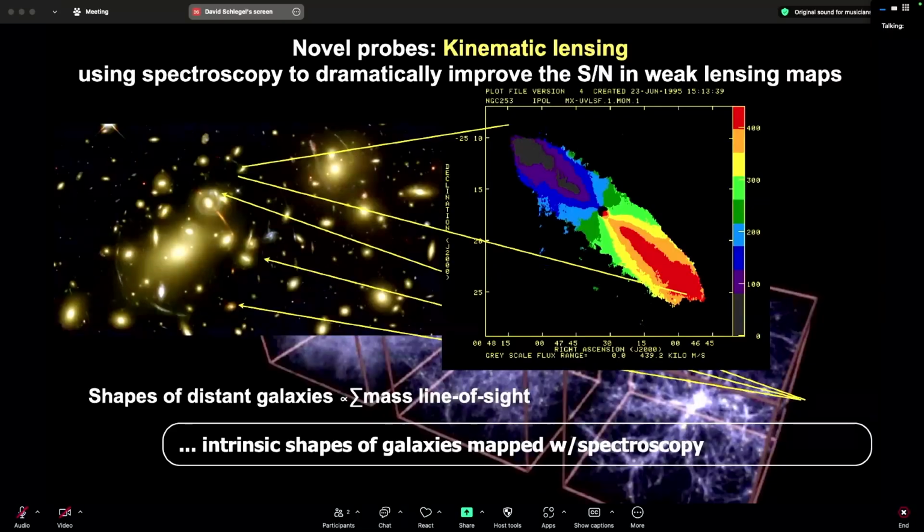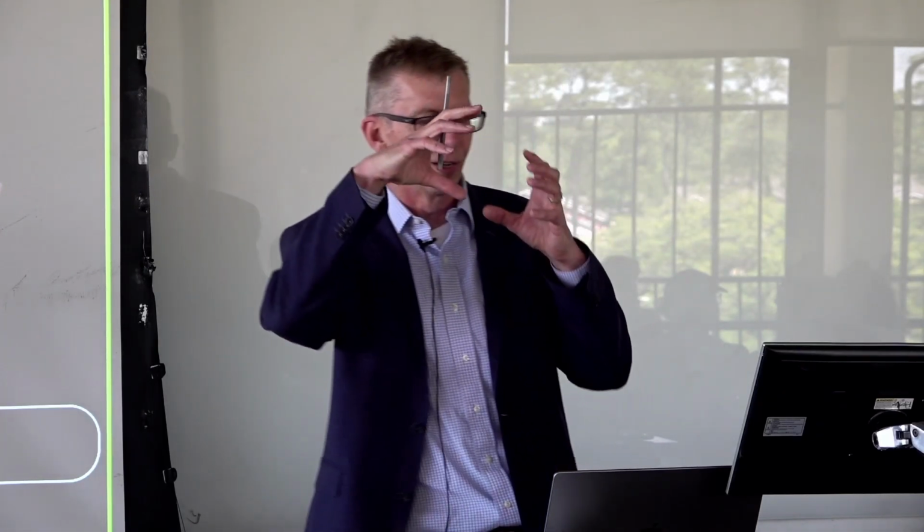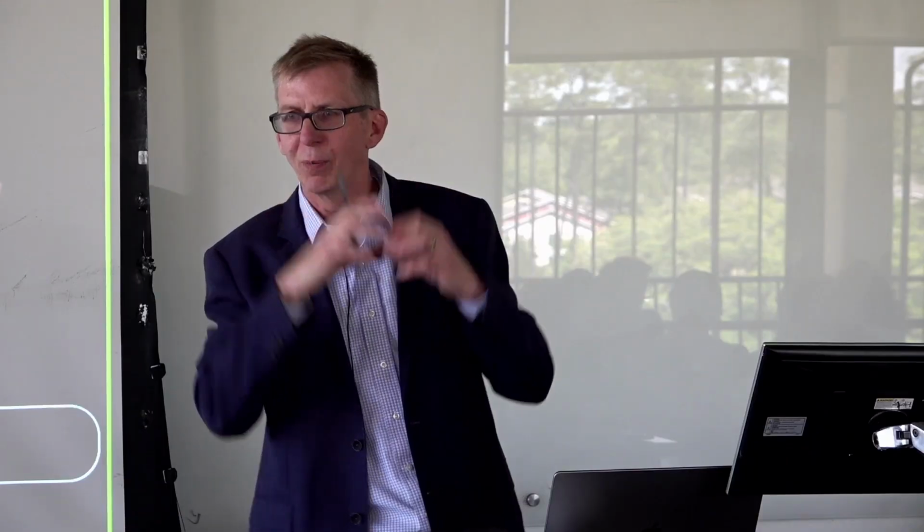Okay. Kinematic lensing. So this is a technique that people have talked about, has not been implemented yet. But this is making these shear maps of galaxies, but to actually use spectroscopic information to know intrinsically what each galaxy actually looks like, so you can make a more precise determination of how much the shape of each galaxy has been distorted by gravity.